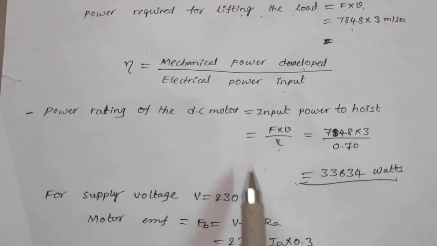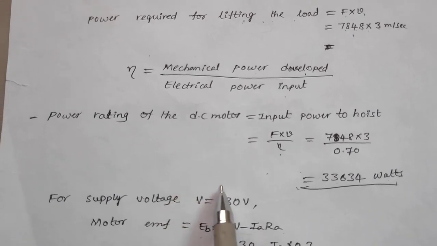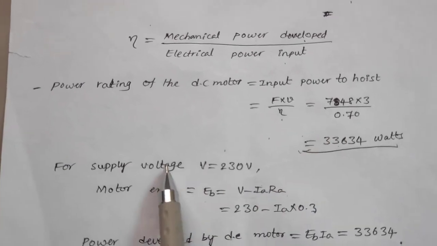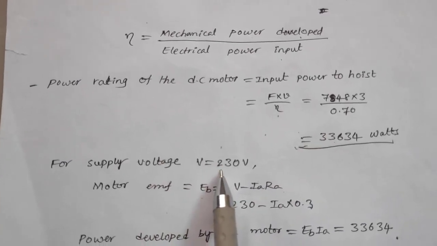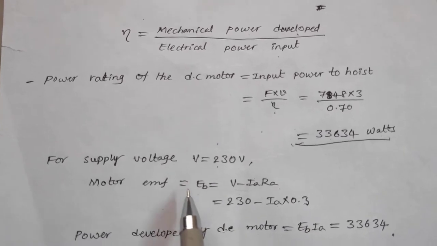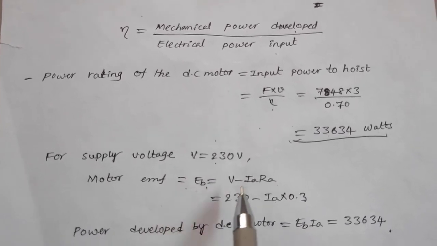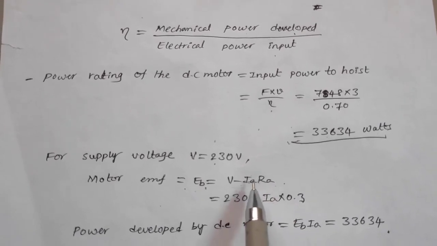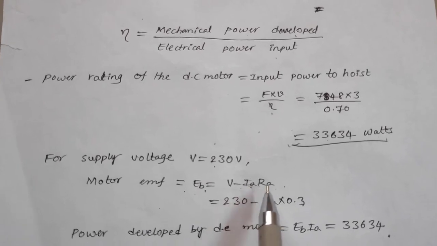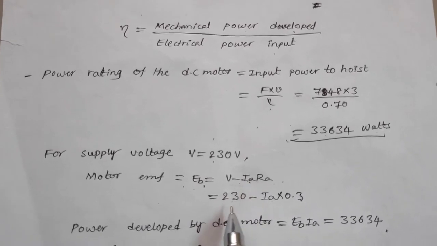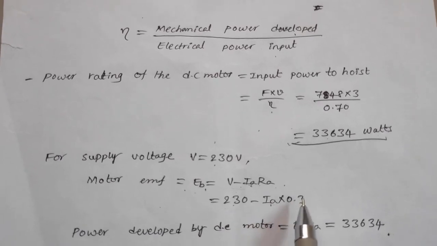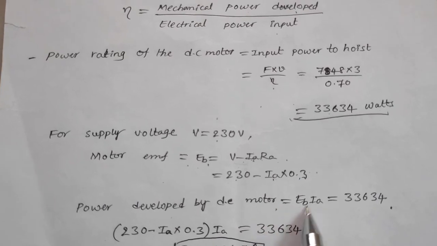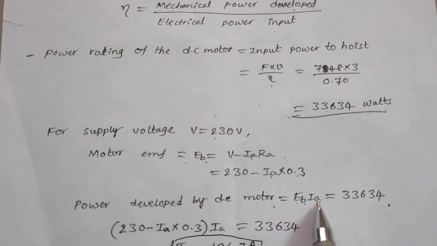Now we got the power rating of the DC motor. How can we get the power in terms of electrical quantities? The supply voltage was given as 230 volts. The back EMF is V minus IA into RA. Here IA is unknown, as it was not given in the problem statement, so we keep it as it is and substitute the remaining values: 230 minus IA into 0.3. The power developed by the DC motor is back EMF into armature current, EB into IA, which equals 33,634.